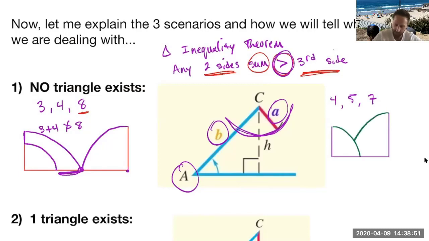You can see that they would meet at a specific point. And at that specific point, I would then be able to take this length and draw it to there, and I'd be able to take this length and draw it to there. And that would allow me to have a triangle. Okay, not necessarily a right triangle, but a triangle.